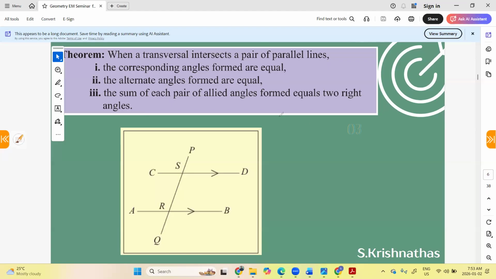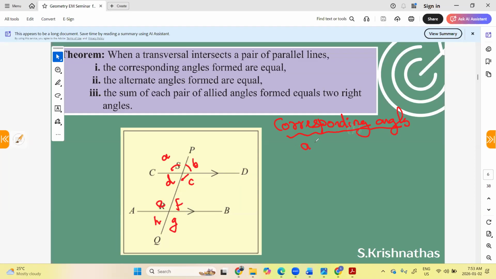That means, students, corresponding angles. Check. What are the corresponding angles? This one and this one. Shall I name them as A, B, C, D, E, F, G, H?